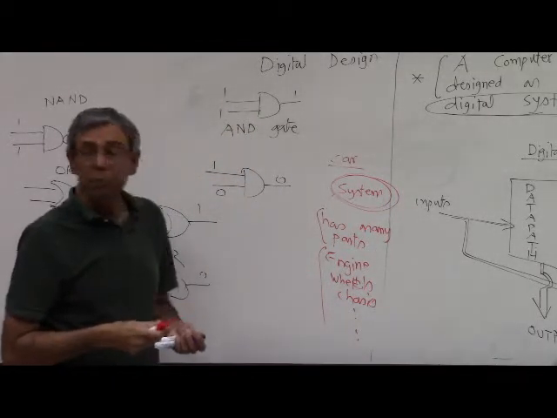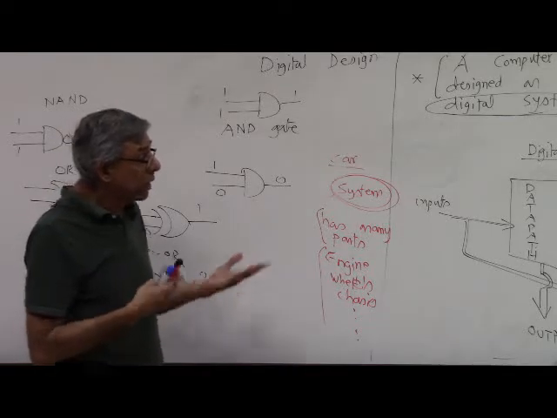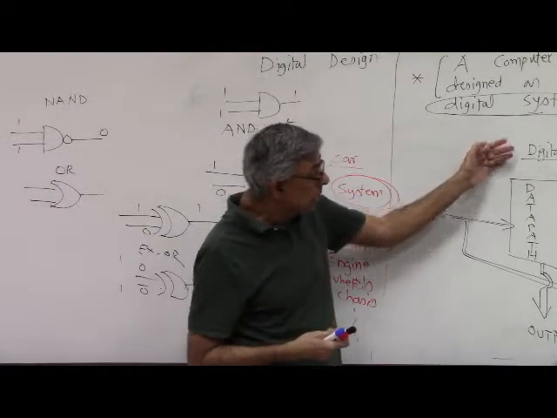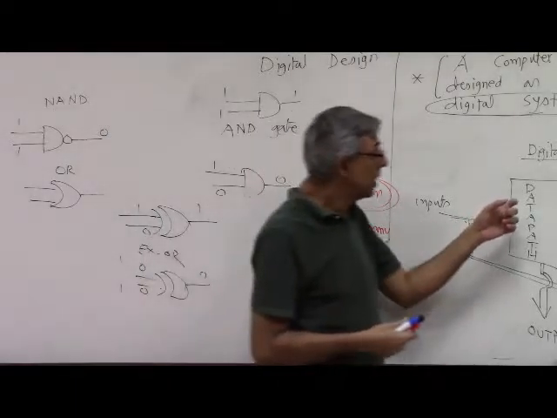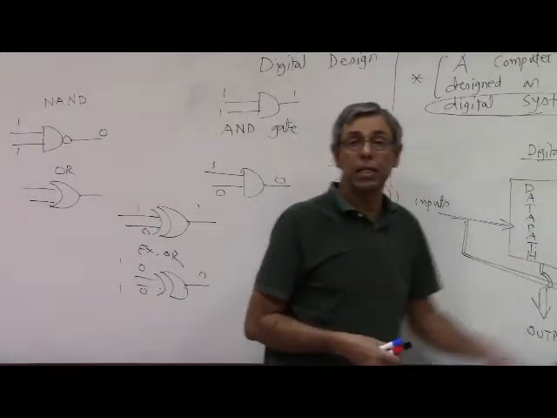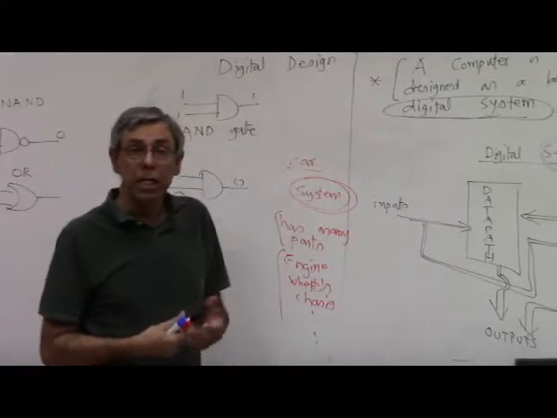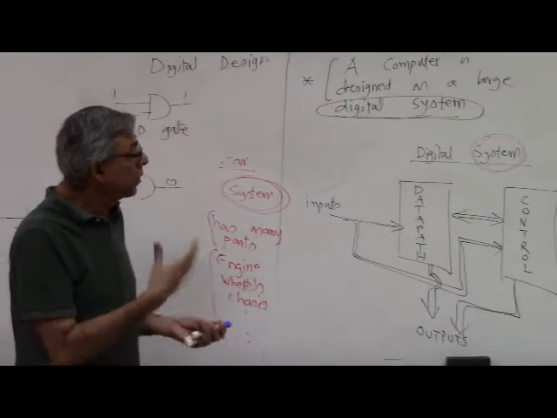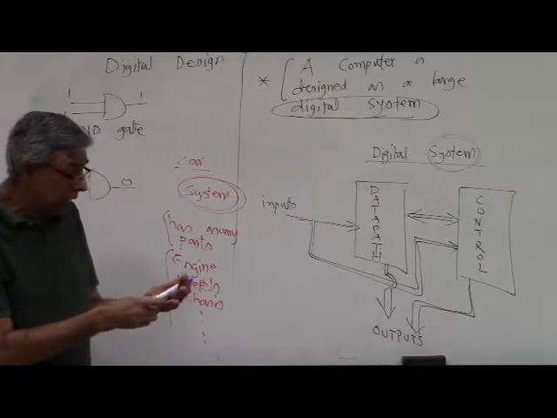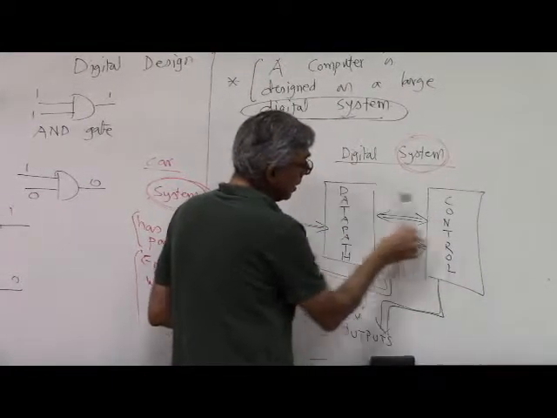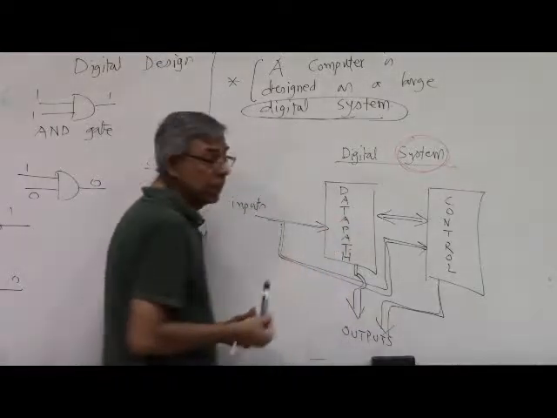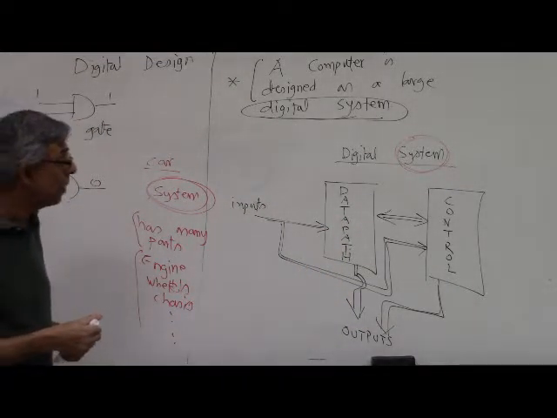So the nice thing about a computer is, because a computer is a large digital system, it really has two main parts. If we understand how we create these, we can put together a computer. So to give you an intuitive idea, what is a data path? What is a control? Even though you might have heard of this or done it before.